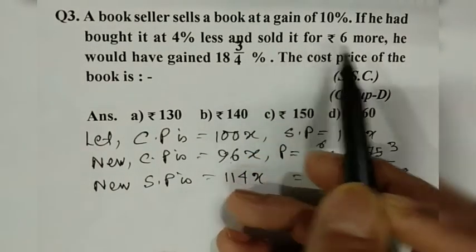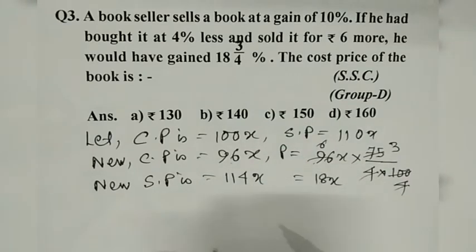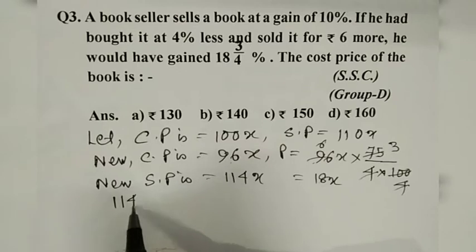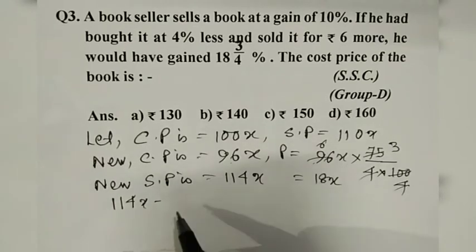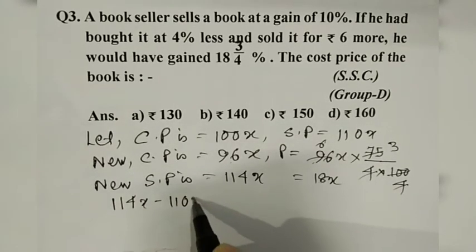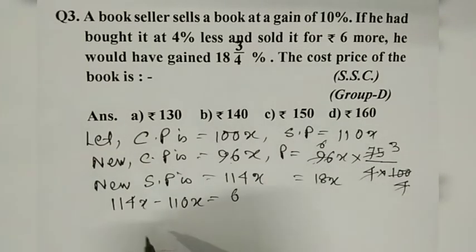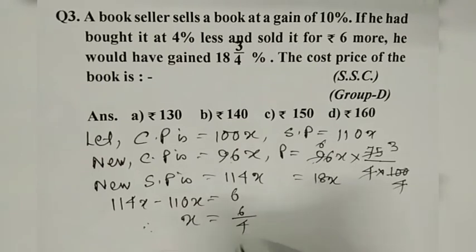Sold it for rupees 6 more. Then we can write 114x minus 110x equal to rupees 6. Then 4x is equal to 6, x is equal to 6 by 4.